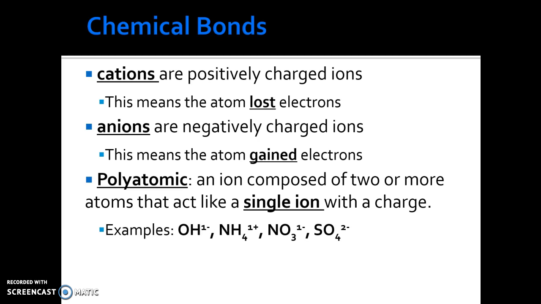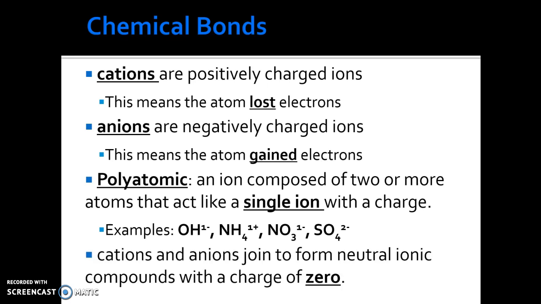For example, if you look on your common ion sheet that you have, on the anion side, you see there's a lot of polyatomic ions. We have things like the OH, which together has a negative 1 charge, the NH4, ammonium, which together has a positive 1 charge, the nitrate, the NO3, which altogether has a negative 1 charge.